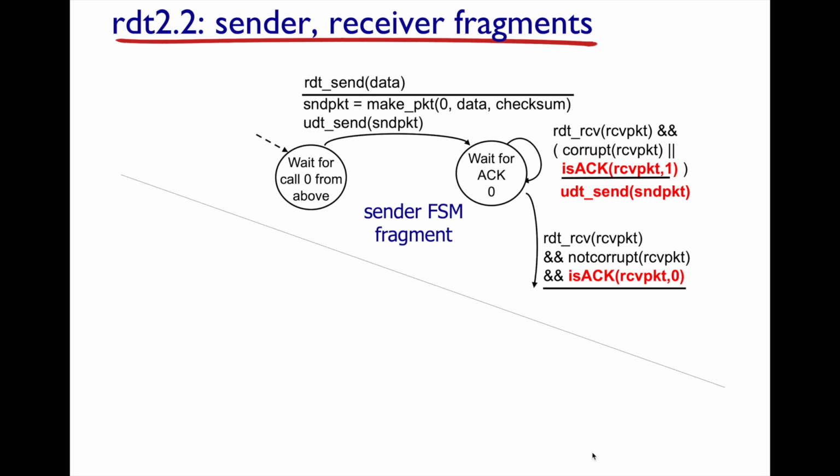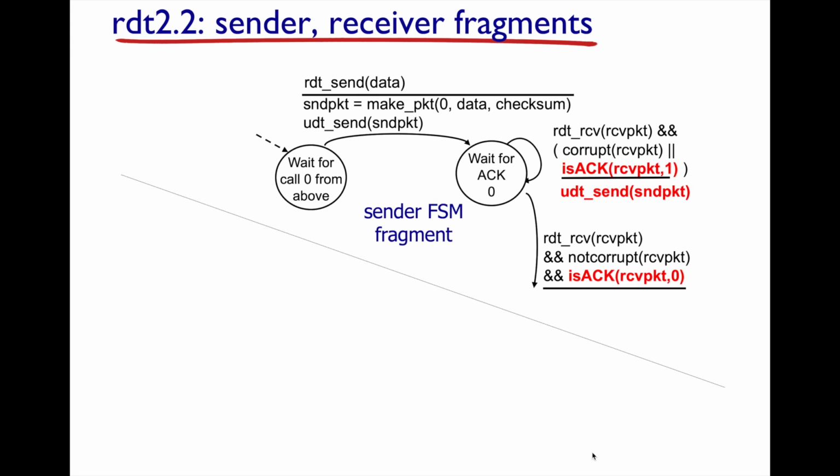Okay, so let's look at the two transitions. Let's focus on the self edge for now. You're a sender, and you receive feedback from the receiver, so the RDT receive event is triggered. One of two things can happen. It could be corrupt, meaning you check the checksum, and if it is corrupt, that's an error, and you're going to resend the packet that you saved.